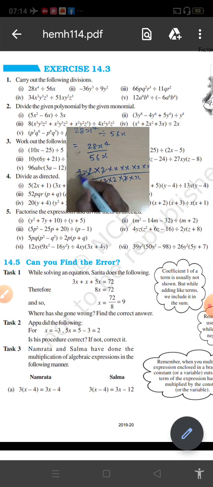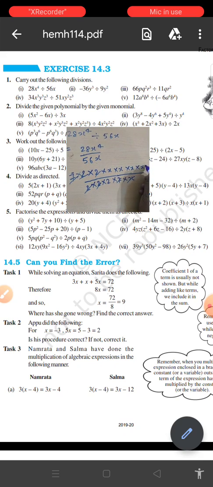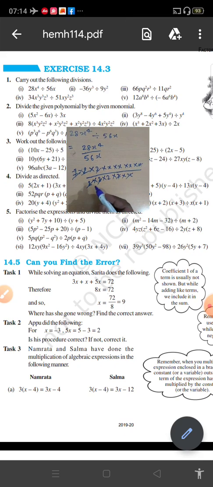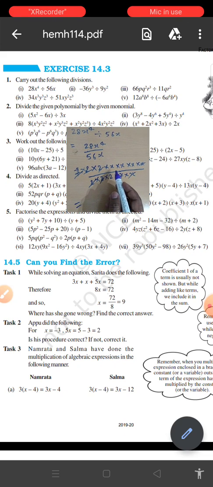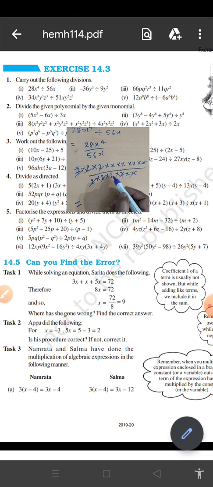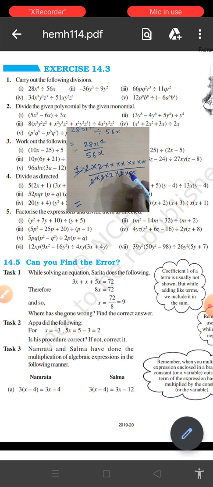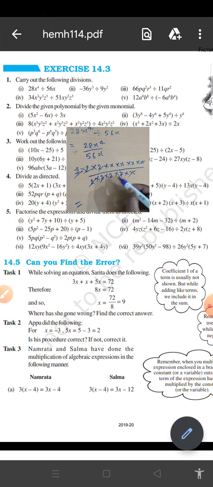Here one 2 is left in the denominator. So in this way we cancelled 2 into 2 into 7, and one x also cancelled. We obtained x into x into x by 2.